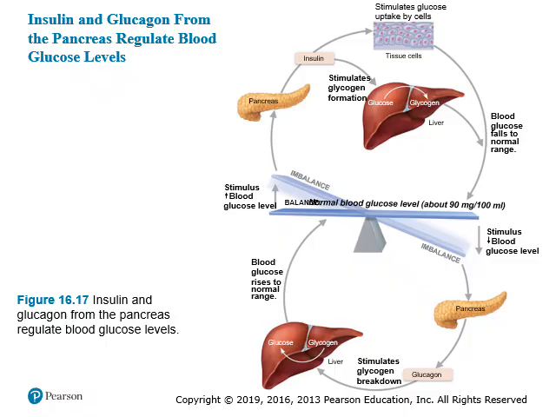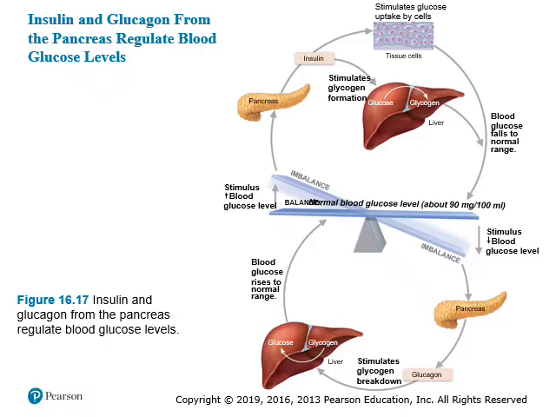Or some of it, insulin will bring over to be taken up by the cells. Then, because you don't have that much glucose anymore in the blood, the blood glucose level falls back to normal.